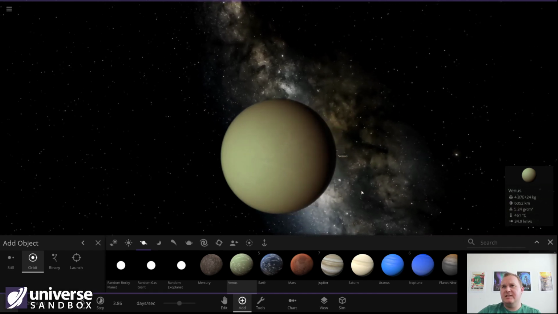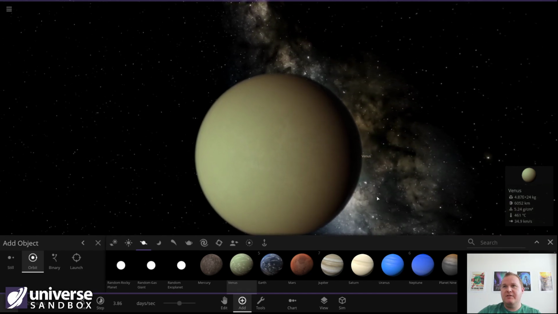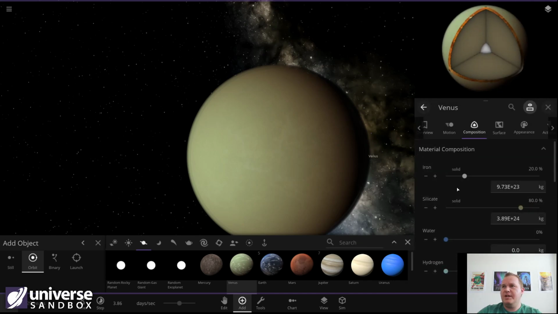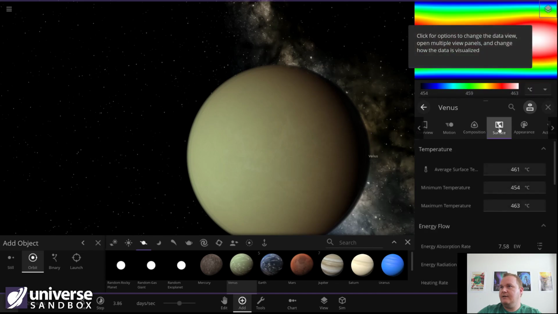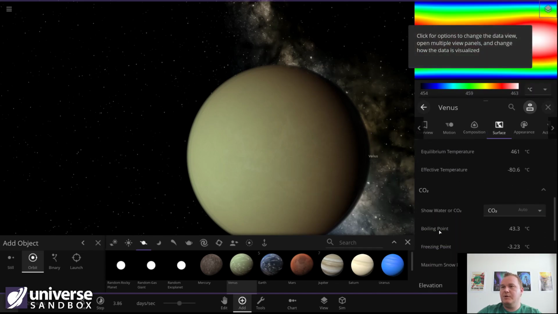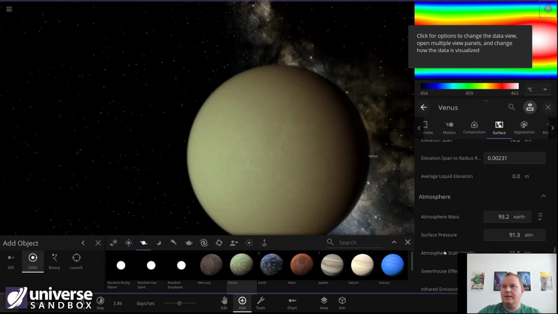On Venus, the atmosphere is really thick. If you were on the surface, it'd be like being 100 meters below sea level on Earth. You'd be under the ocean. Oh no, that's not quite right. It's almost 100 atmospheres of pressure. And I think you're actually able to see that surface temperature, energy. So it's nice that it gives you all this information as well.